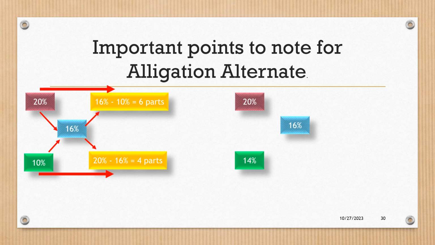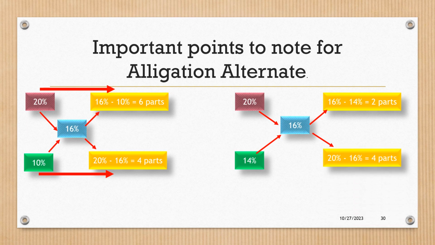Before we used 10%, now this time we will use the 14%. We'll go again in our diagonal fashion and work out what those are. In terms of our readout, similar to what we have been doing previously, here 4 parts of your 14% along with 2 parts of your 20%.